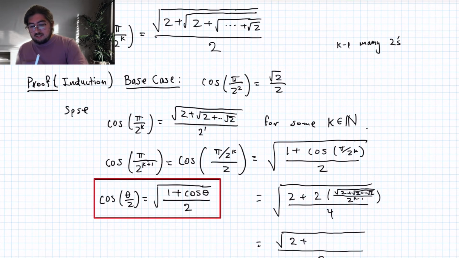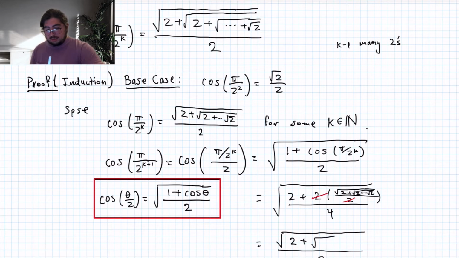We're assuming that this is true up to some integer k. So now we have that. We still have 2 to the k plus 1 there, so sorry about that. The only thing that's changed is the denominator here is now just 2. Which is really good, because now, multiplying it by 2, those will cancel. So really we have 2 plus a nested radical of 2's.